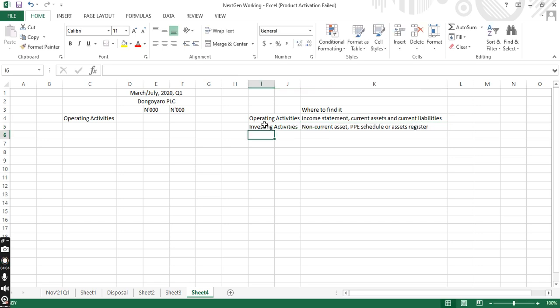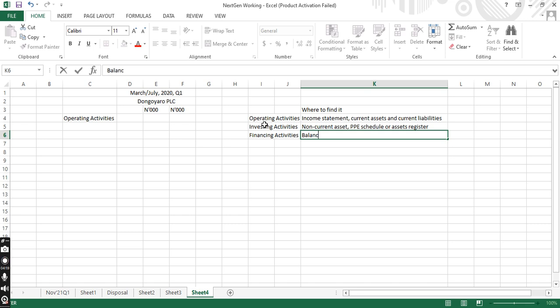Then for your financing activities, you can find that in your balance sheet under the financing side. You know what we mean by that?